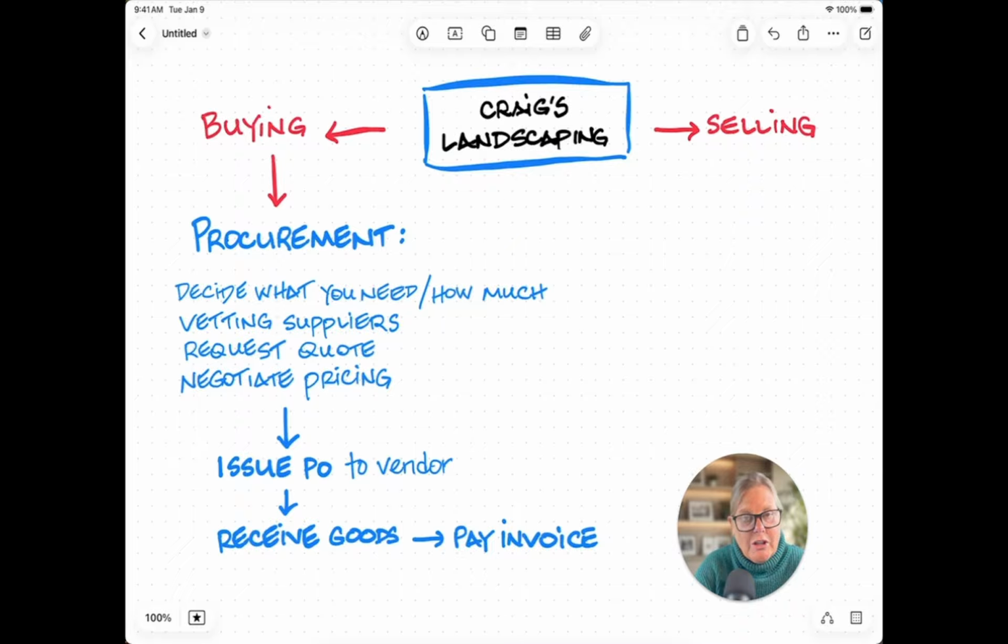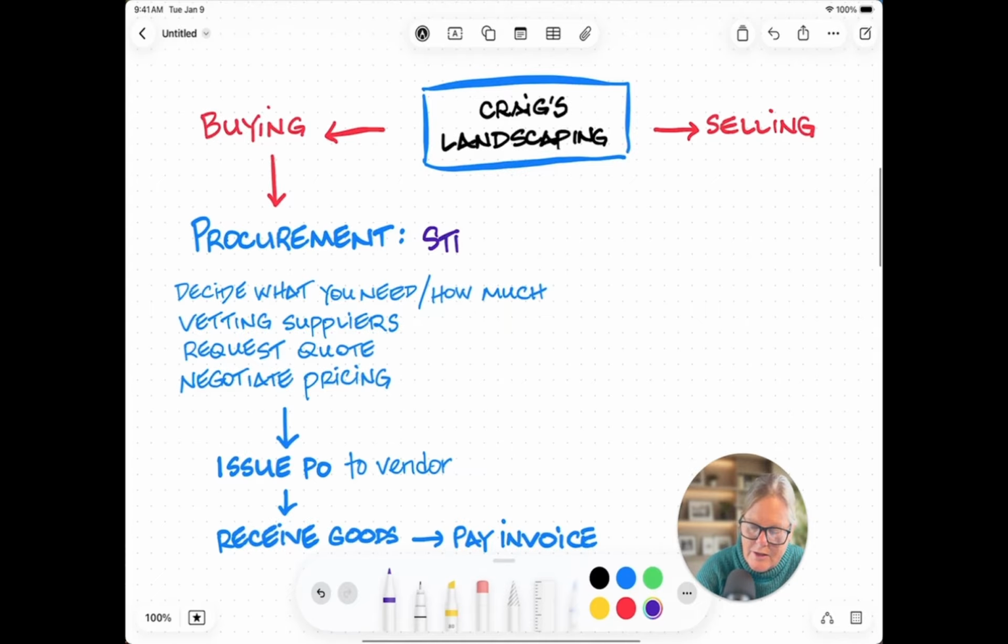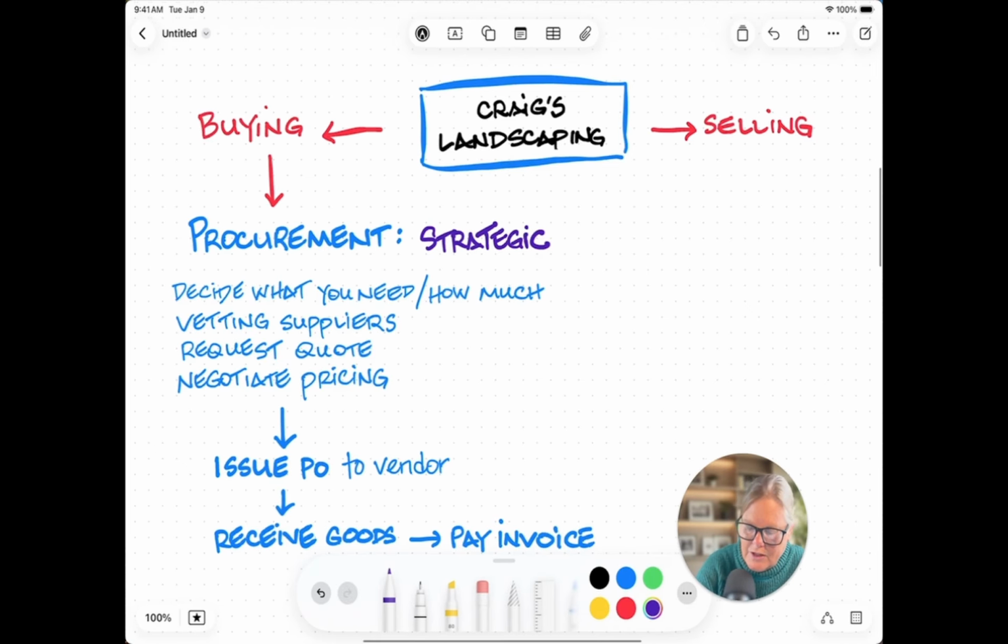And if it's good, he'll issue a purchase order. Now, that first part, the procurement, is what people would refer to as the strategy or strategic element. And then when you issue the purchase order, actually buying something from your vendor, that's usually referred to as the transaction phase. So we'll list that here, okay?